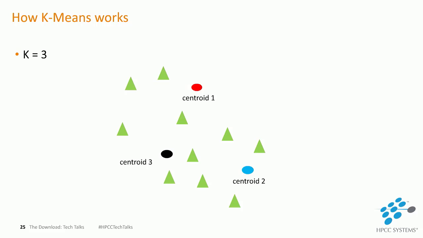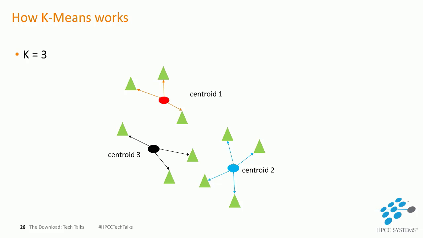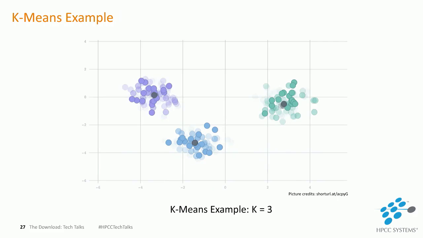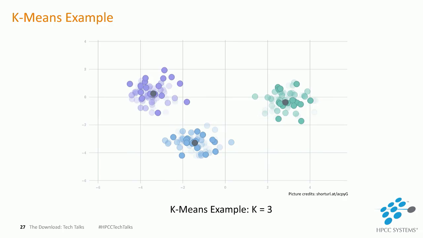That's usually the case, so when we're experimenting with different Ks, the results can be different from each other. Here, the result for K equal to 3 is like this. It's different from K equal to 2. Here is one dynamic picture.